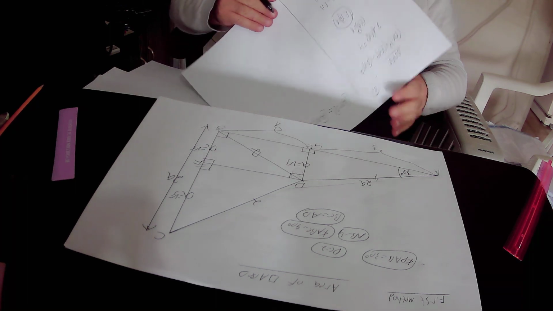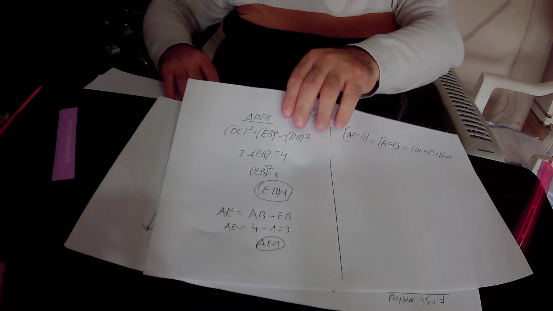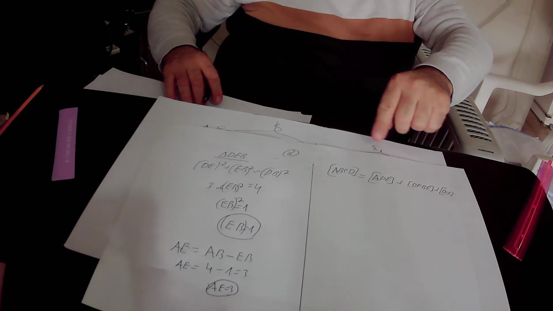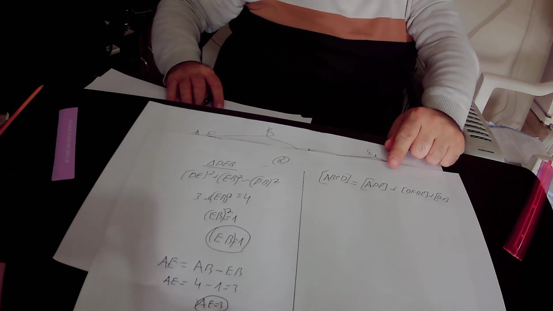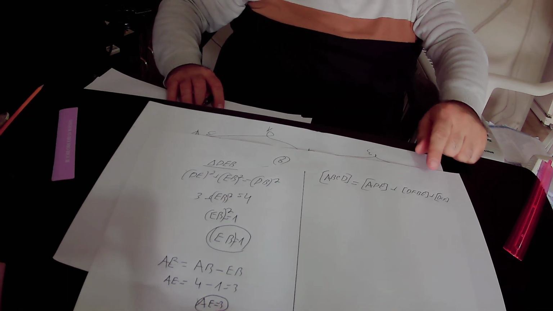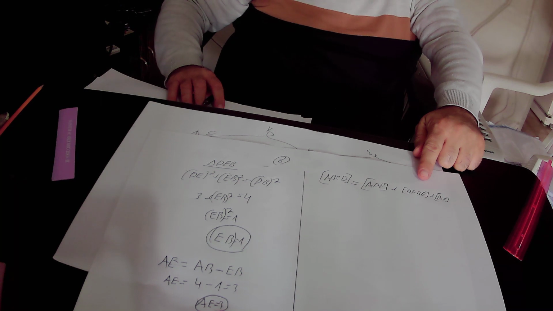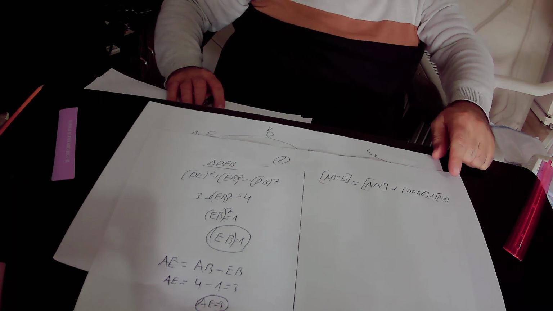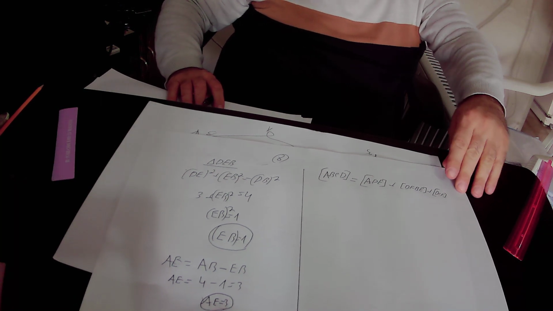I repeat again, the area that we are looking for, that is the area of quadrilateral ABCD, equals the area of triangle ADE plus the area of rectangle DFBE plus the area of triangle DCF.